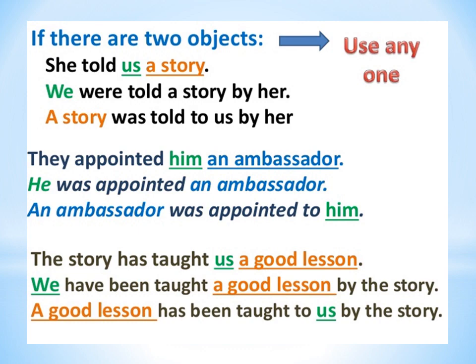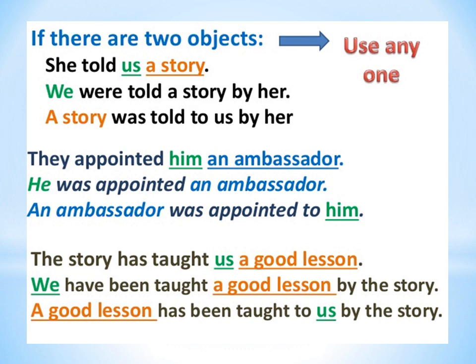The second example, for example: They appointed him an ambassador. So we have they, the subject, appointed, the verb of the sentence, him, the first object, and an ambassador, the second object of the sentence.